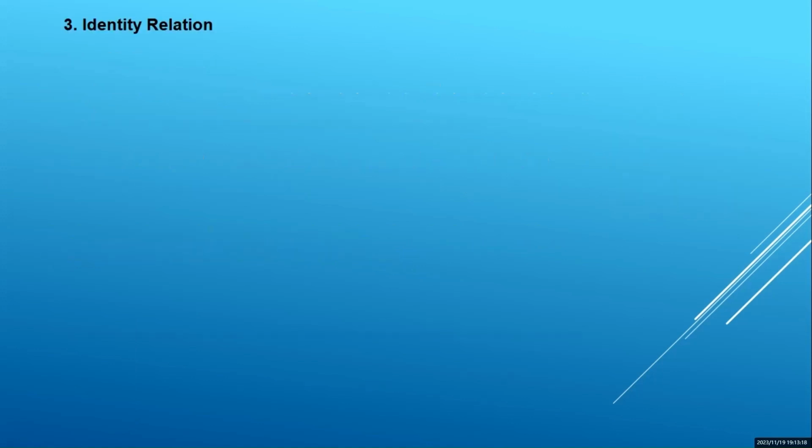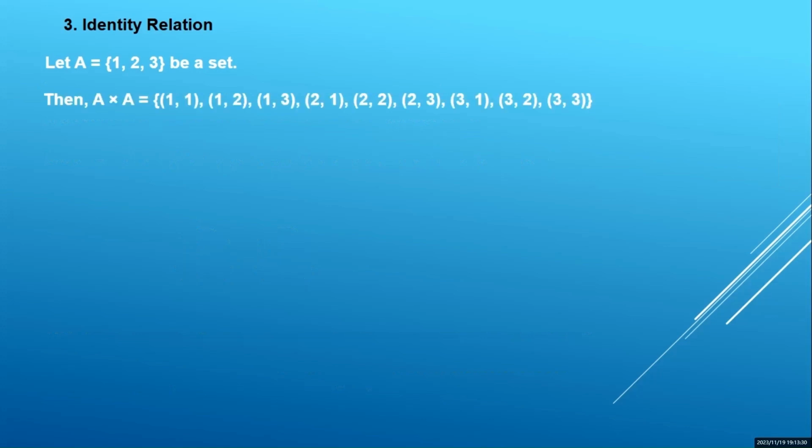The next type of relation is identity relation. What do we mean by identity? Suppose there is a set A = {1, 2, 3}, and its Cartesian product will be the same: (1, 1), (1, 2), (1, 3), (2, 1), (2, 2), (2, 3), (3, 1), (3, 2), (3, 3).